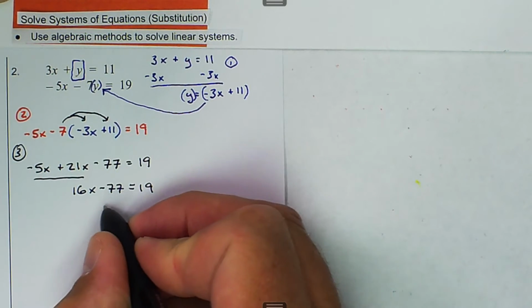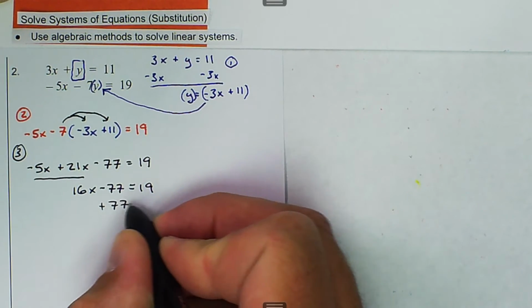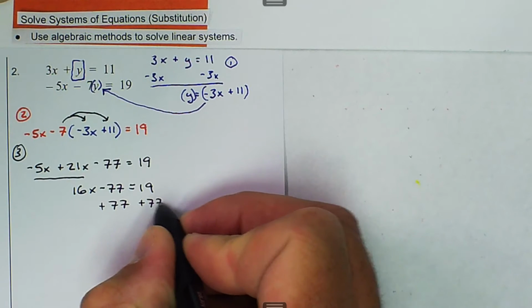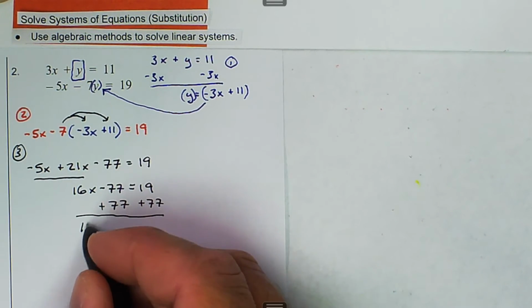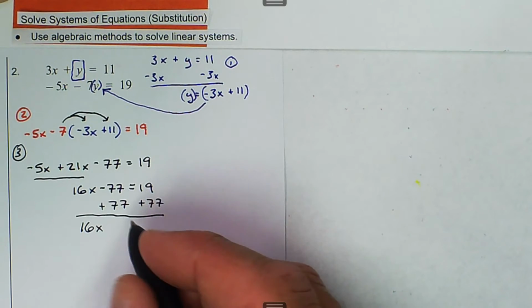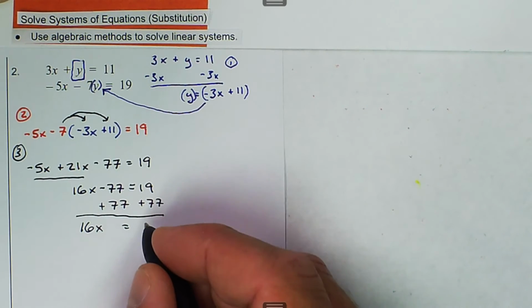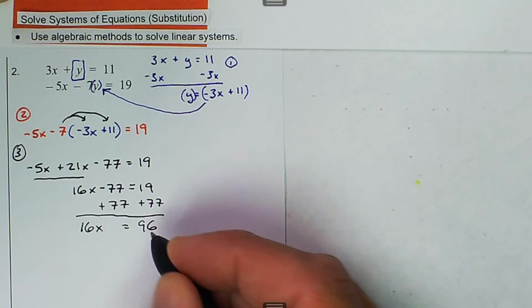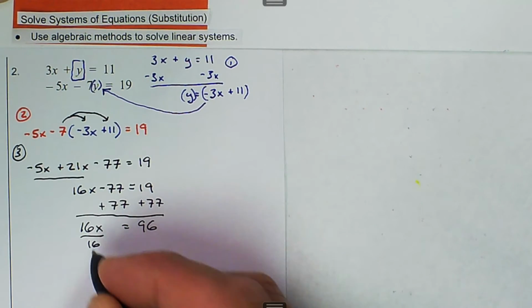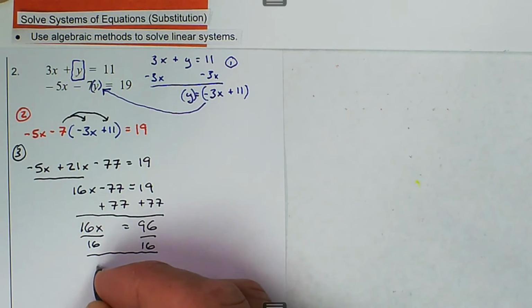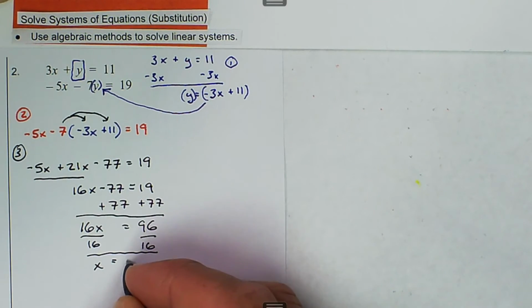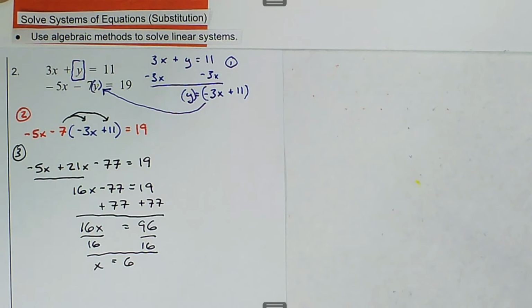And we add 77 to both sides. And then we get 16x equals 96. And then divide by 16. And then we get x is equal to 6.